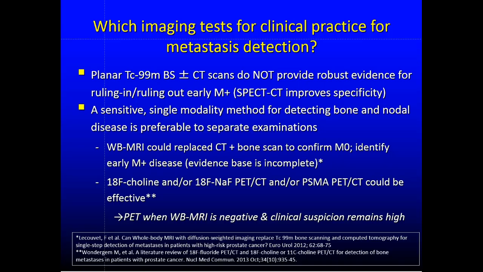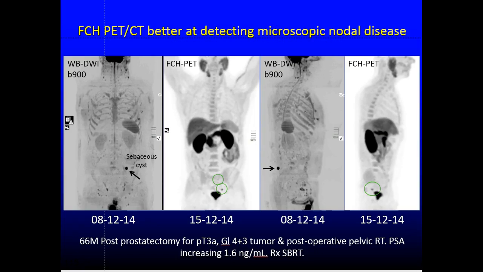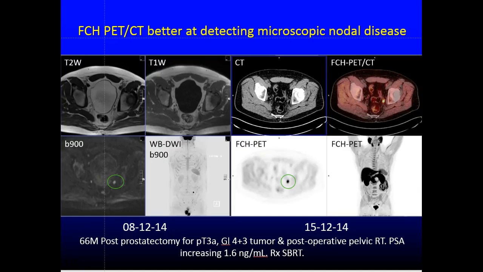So just to give you some examples of these other technologies, here's a whole body MRI scan on the same patient, and this is the choline PET scan. You can see a number of lymph nodes being projected over the pelvis. These are in fact normal nodes, but there are 2 abnormal lymph nodes on the choline scan, which are very much visualized when you do the cross-sectional image.